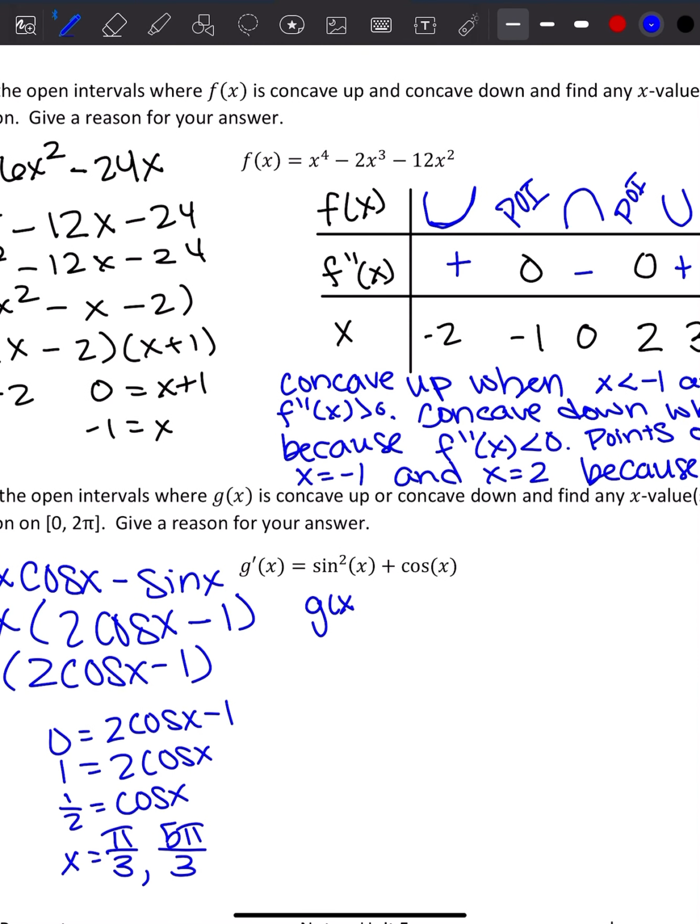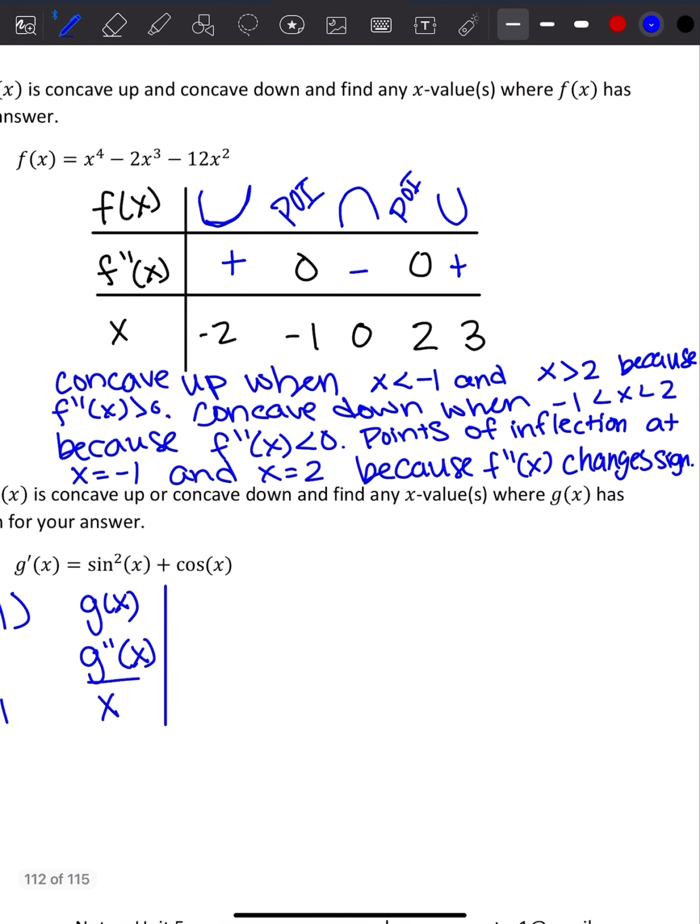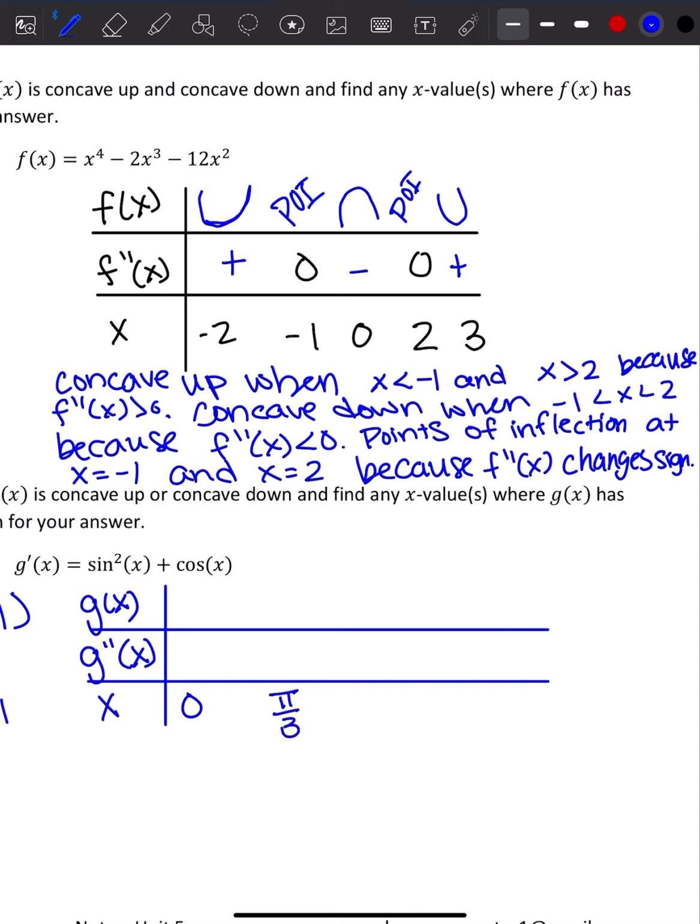So g of x, g double prime of x, we have 0, pi over 3, pi, 5 pi over 3, and the end cap of 2 pi.